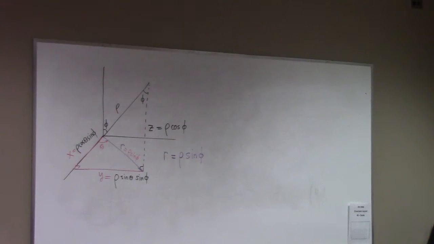Phi, on the other hand, is the angle between the point you're looking at and the positive z-axis. The angle between two vectors is between 0 and 180 degrees. We have 0 less than or equal to theta less than or equal to 2 pi, and 0 less than or equal to phi less than or equal to pi. So that in a nutshell, folks, is spherical coordinates.